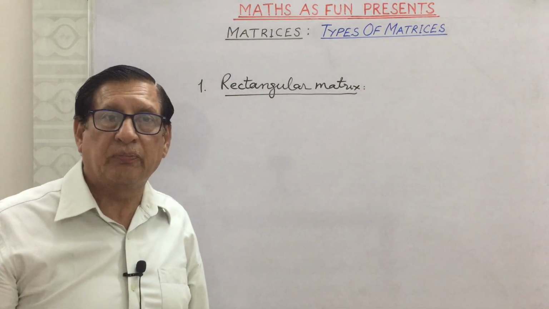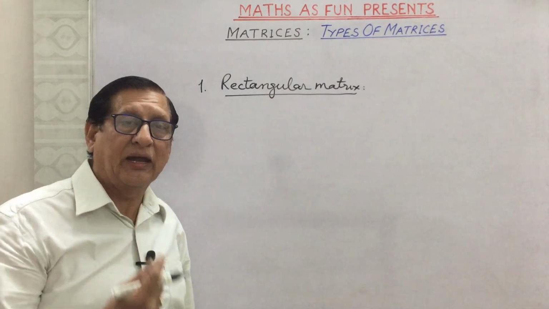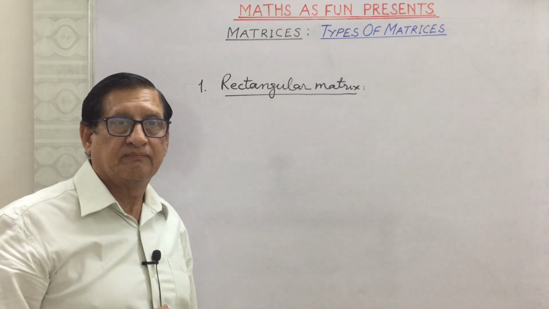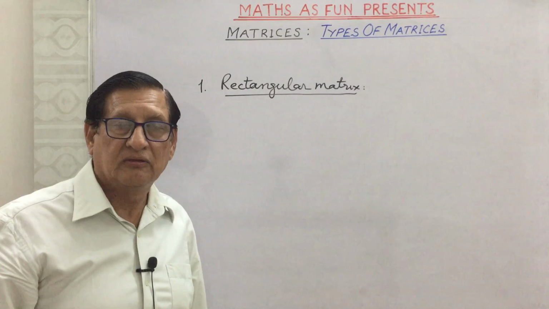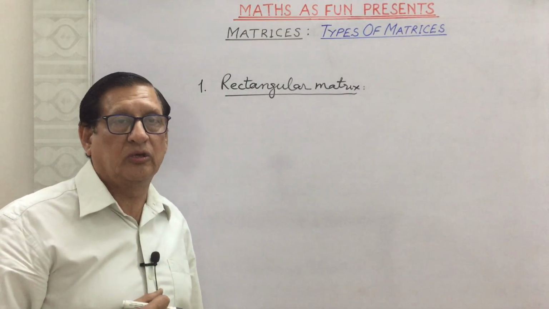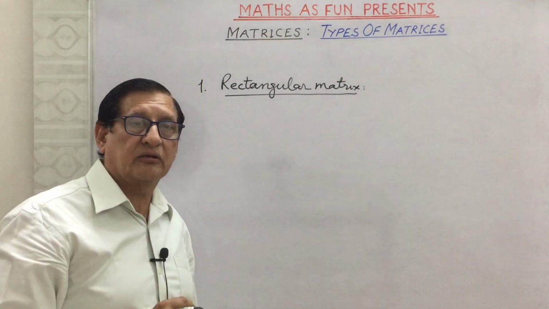As we know about a plane figure rectangle, in the rectangle we find that the length and the breadth are different. The same way here also in the rectangular matrix we find that the number of rows and number of columns are not equal, they are different. Then we call it a rectangular matrix.